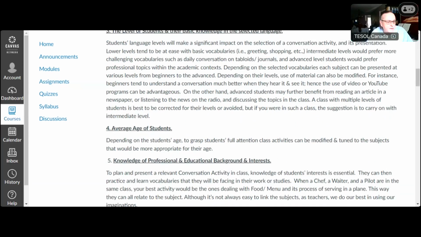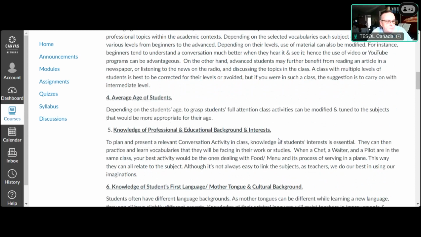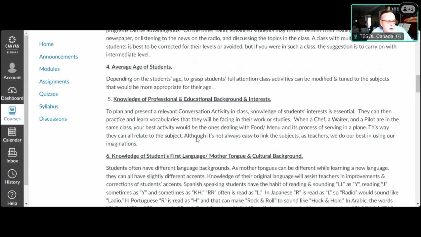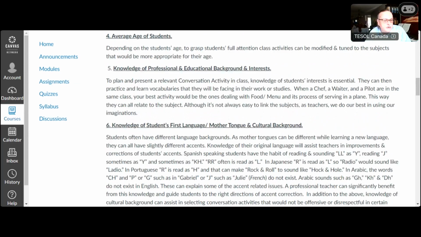You're asked to identify the average age of the students you're dealing with and to explain what is your knowledge of their professional and educational background and interests. Because you could have some adult students where one is a chef, one is a waiter, and another one is a pilot. They're all in the same class.